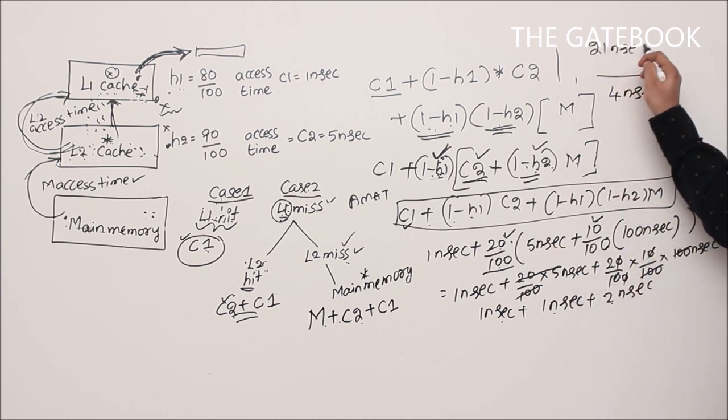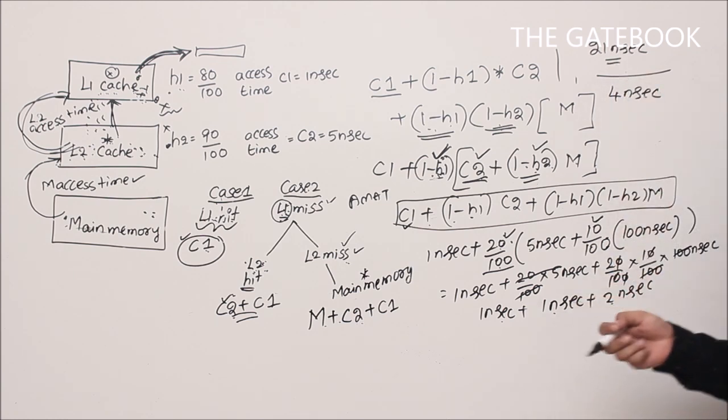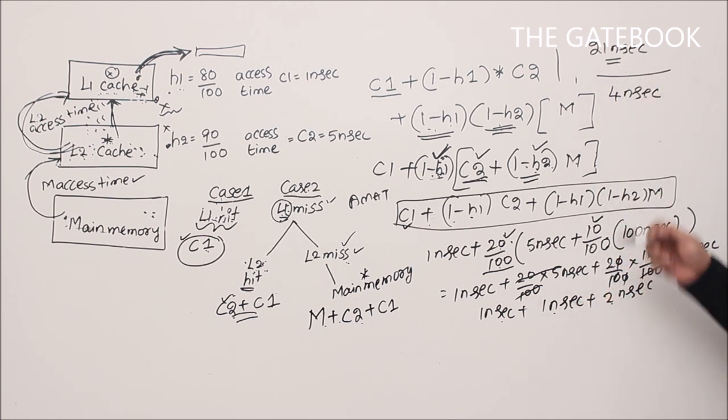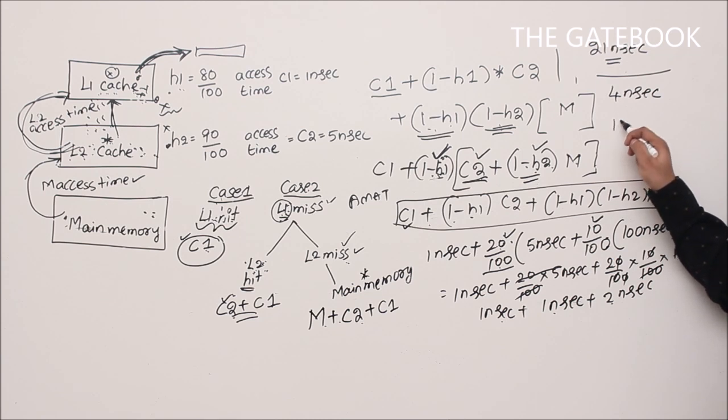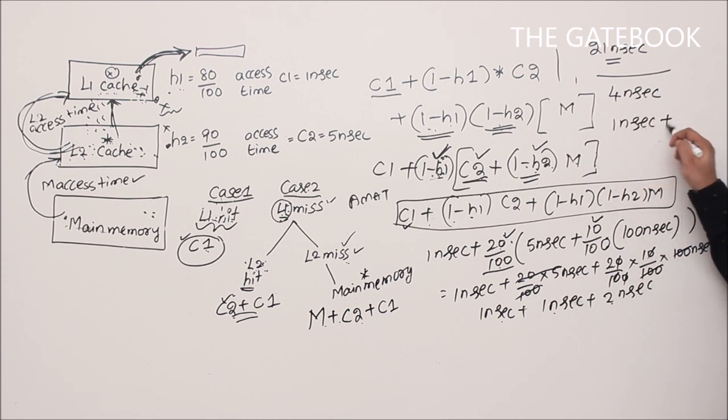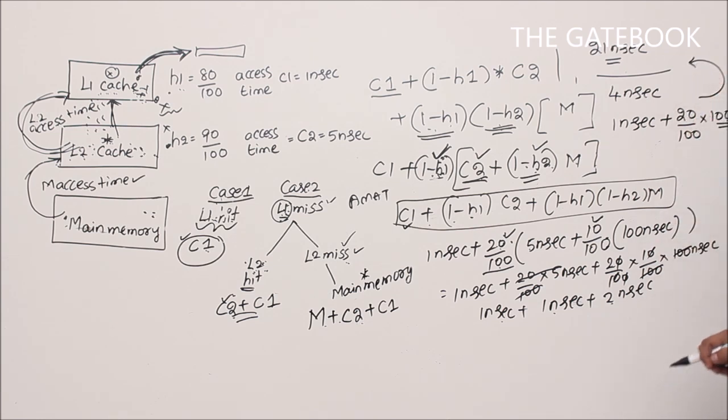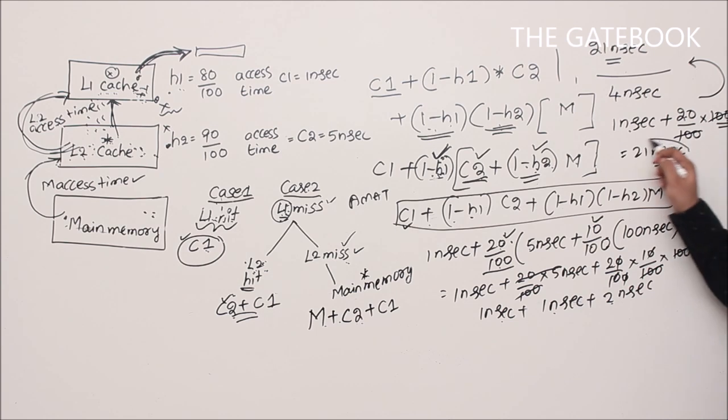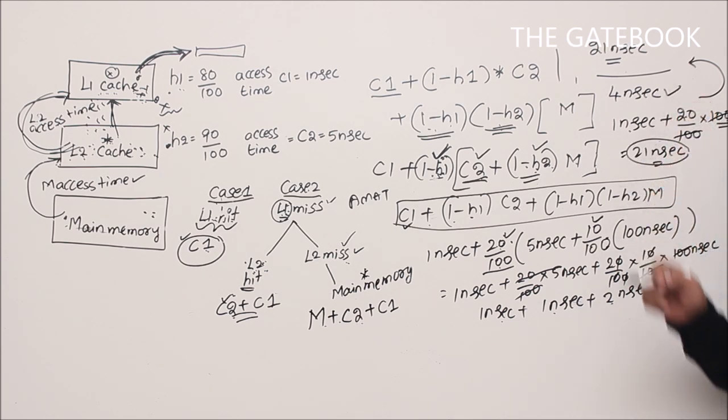If you remember, if there is no L2 cache, only L1 cache and main memory, what happens? Always we have to access L1 cache, 1 nanosecond, plus when L1 miss occurs, 20% of the time, we go to main memory and transfer from main memory to L1 cache, that takes 100 nanosecond. So it would be 20 plus 1, 21 nanosecond, right? That is very high compared with 4 nanosecond.